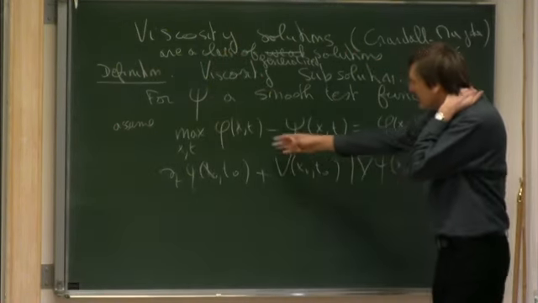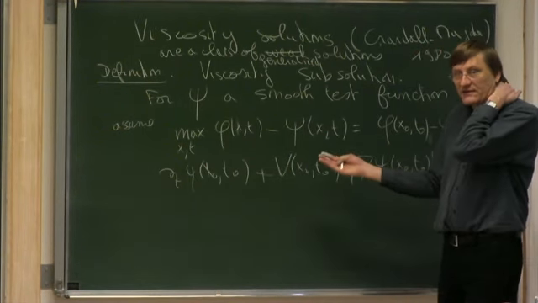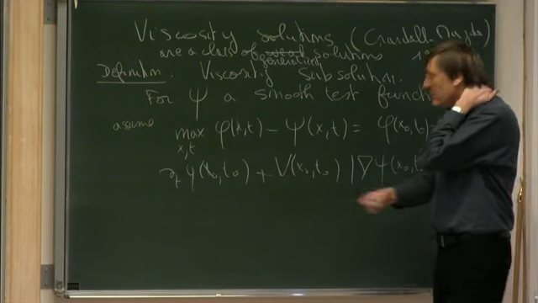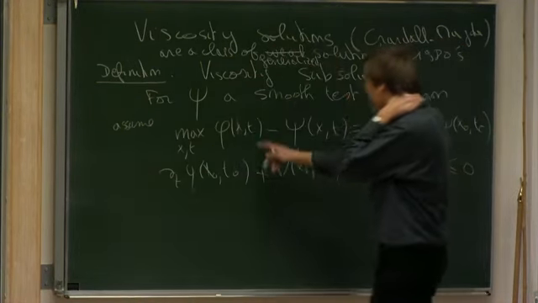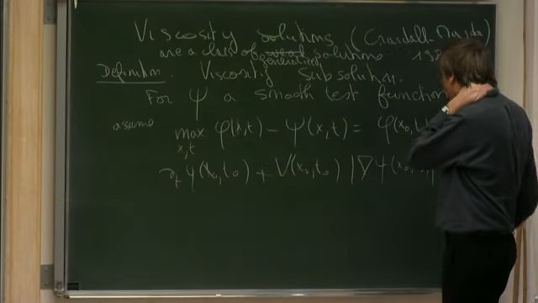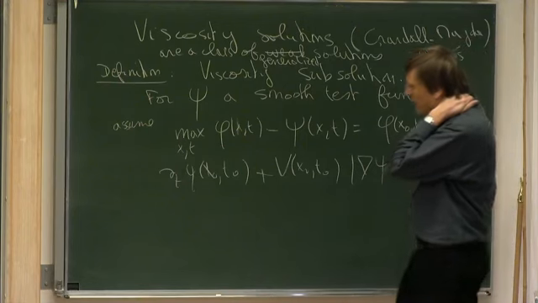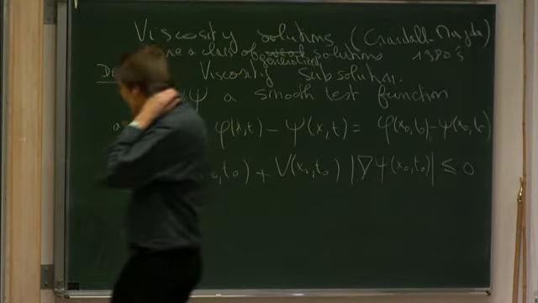And because at the maximum point in principle the derivatives are the same, this is a good definition for a subsolution. This tells that dt phi plus v modulus of grad phi is negative. So this is the way we define viscosity subsolutions.